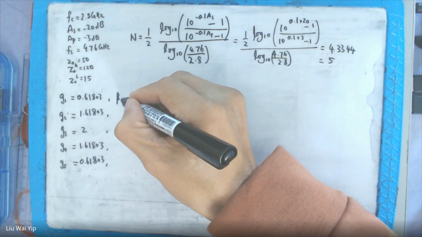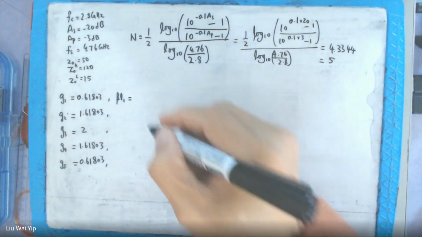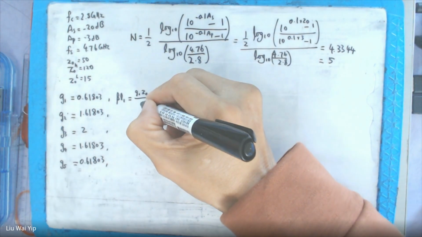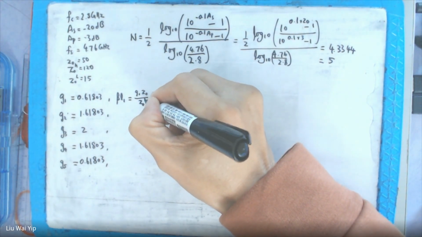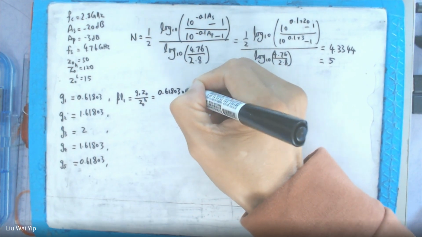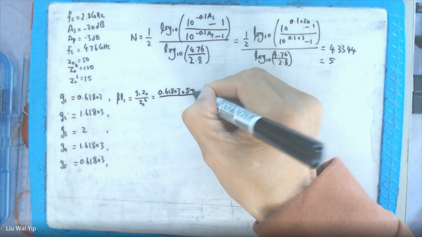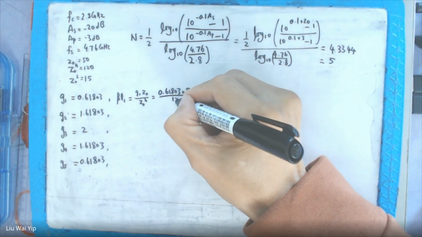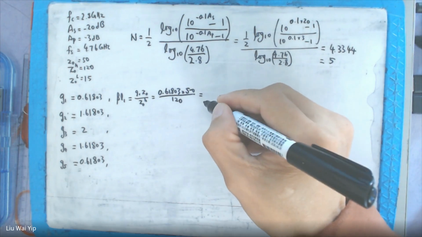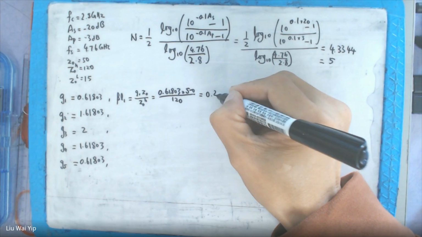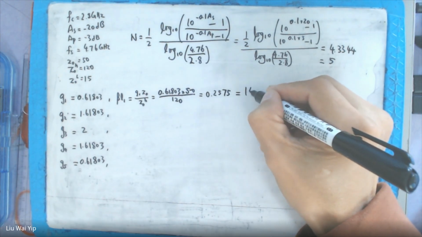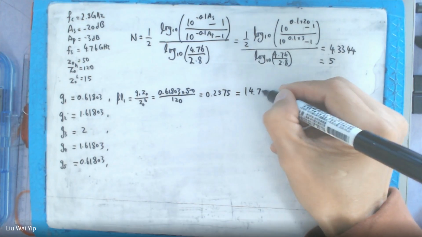The length of the first section is going to be G1 times the characteristic impedance over the high impedance, so 0.618 times 50 over 120. This gives 0.25, which is equivalent to 14.75 degrees.